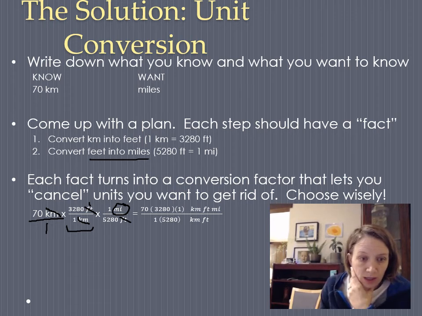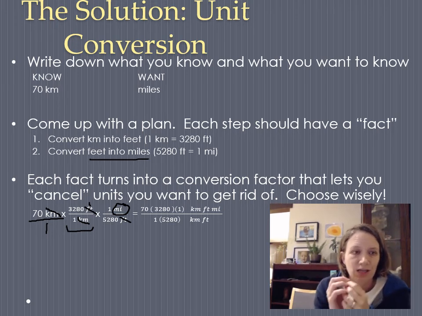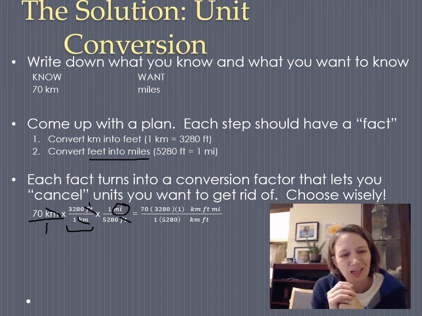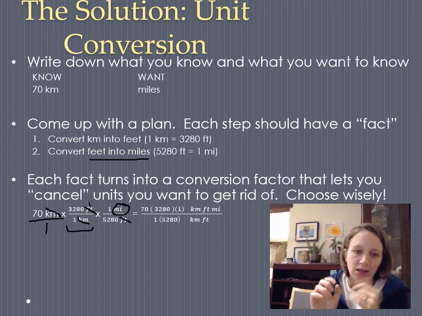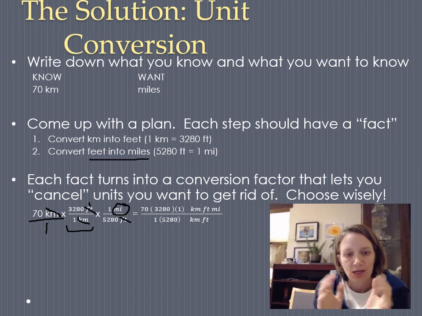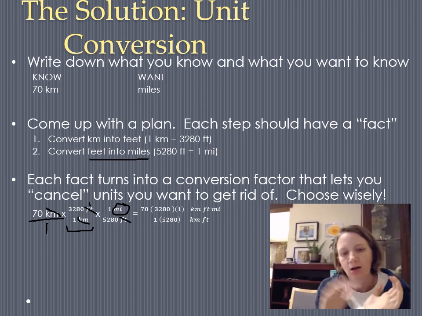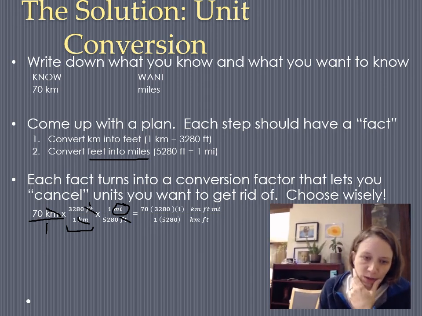Once you've figured out which conversion facts to use, you can use the commutative property of multiplication, which you probably learned about at some point, which means you can rearrange the values and the units so that we have all the values at the front and all the units at the back. So we have this big math problem that looks like multiplying together all the things on the top of the fraction, dividing by all the things on the bottom of the fraction.